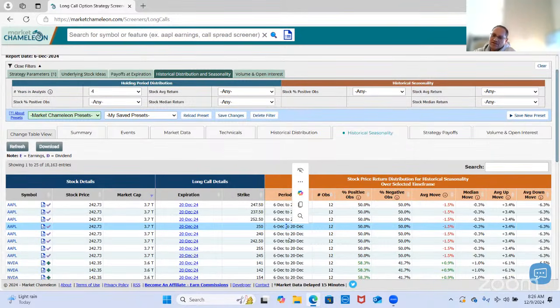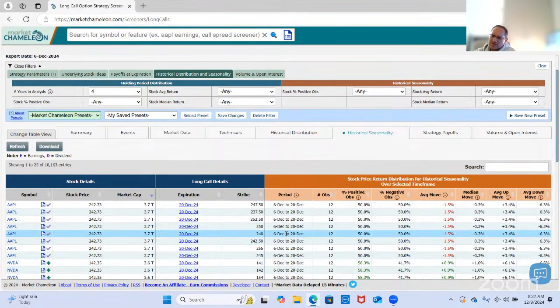So it's analyzing the periods December 6th to December 20th, as of Friday's close. And it's saying, okay, just show me how the stock performed during that calendar period.